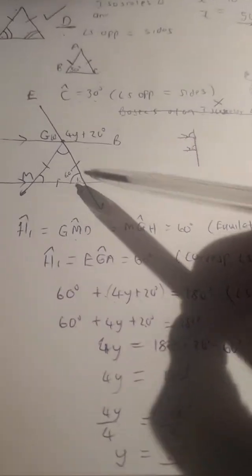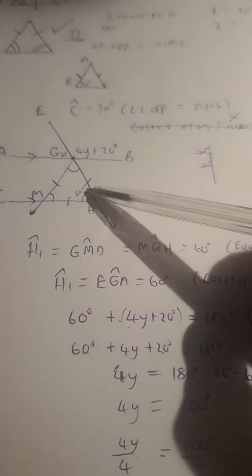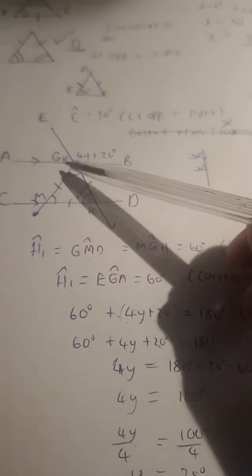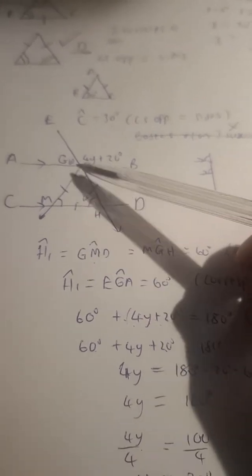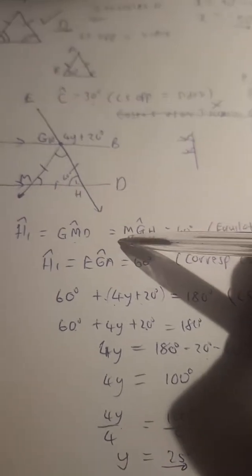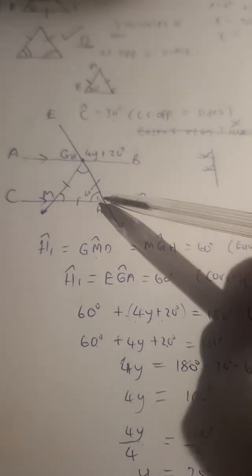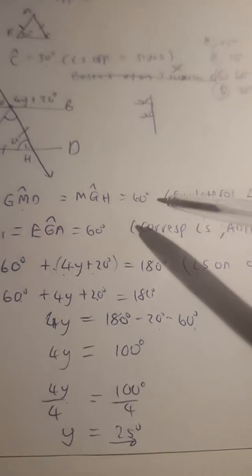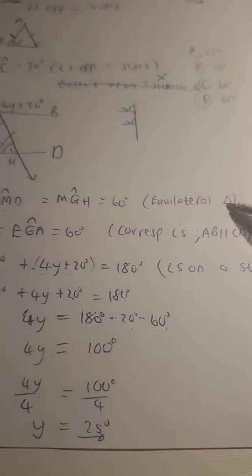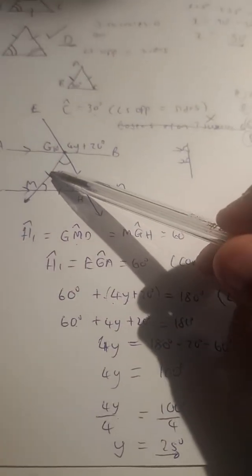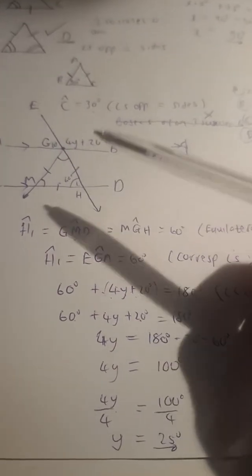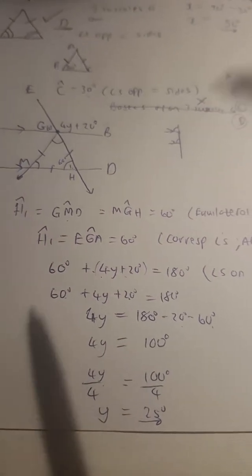Okay. So it all started by me saying angle H1 is actually equal to 60. Angle H1 plus angle GM, this angle D, which means that angle is equal to angle MGH, which is that angle, which are all equal to 60. Why? Because equilateral triangle. We know that for an equilateral triangle, all sides are equal and all angles independently will be 60 degrees.